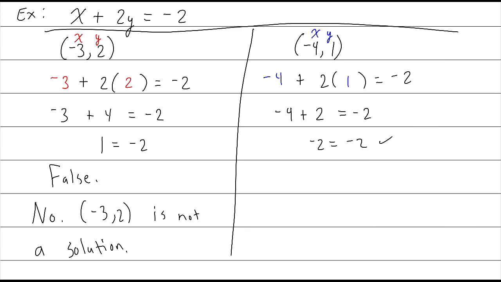This is true. -2 does equal -2. So that means that that point works with that equation. That x and that y, they obey the rule that is set forth by that x plus 2y equals -2. Okay, so in this case, we'd say, yes, the point is a solution. Okay, great. Wonderful. Let's move on.